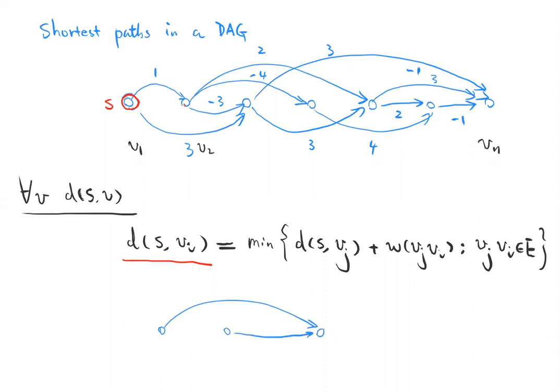For example, to compute the distance to this vertex, we require the distances from these 2, right? Now, we may have this one. When we want to compute the distance for this vertex, it will require the distance of this one and this one. So you see the repetition. Let's make a comparison with the computation of Fibonacci numbers. Let's take a look at the dependency of how we compute Fibonacci numbers.